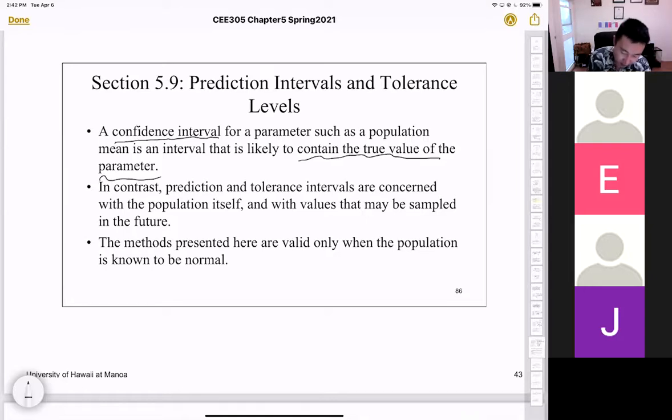Prediction and tolerance intervals are concerned with the population itself and with values that may be sampled in the future. The equations we're going to discuss in this section are only valid when the population is normal. So this is a big condition. Only when the population is normal can we use the following equations.